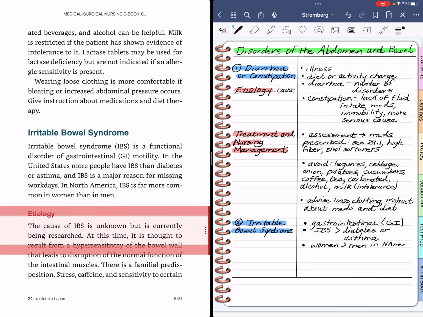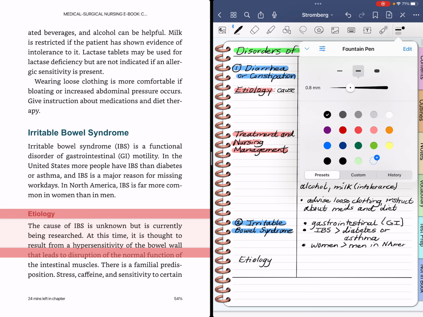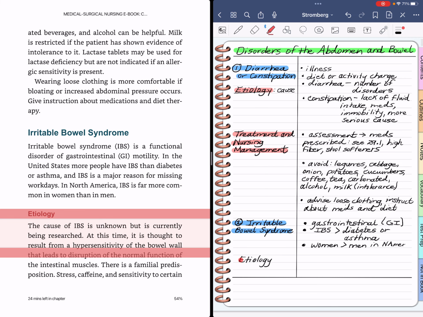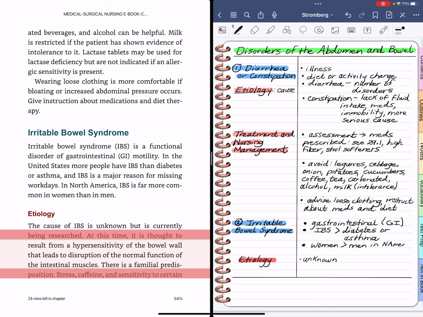And then we are back to etiology. And remember, that word means cause. So we need to know the cause of IBS. So let's read. The cause of IBS is unknown. So cause is unknown, but is currently being researched. At this time, it is thought to result from a hypersensitivity.